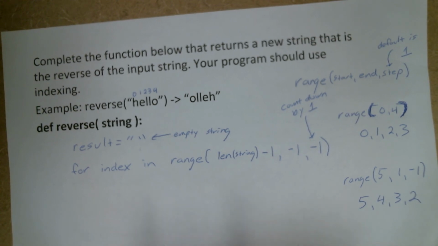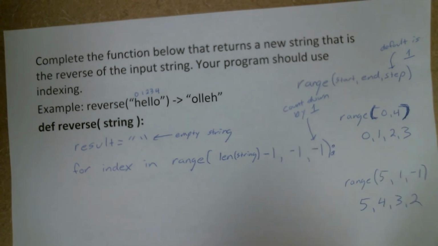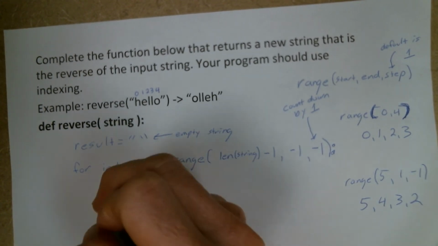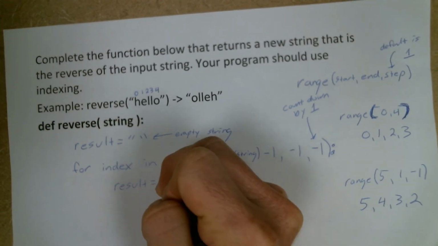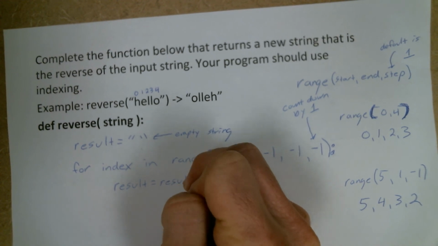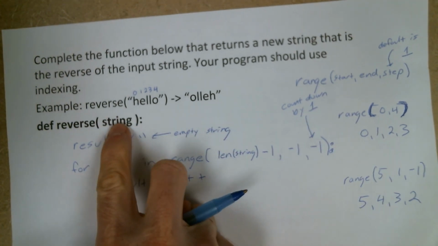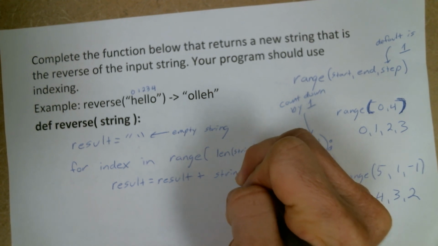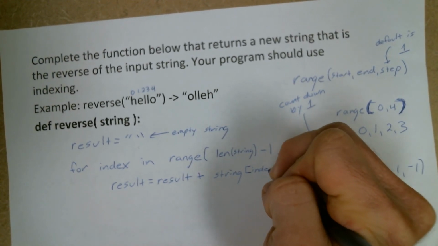Once we've set this up, let's not forget our colons at the end there. The inner part of the loop is going to look pretty similar. It's going to be result equals result plus string, so we're building the string one character at a time using those indexes. Our variable is called string, and then I'm going to put in that index number.